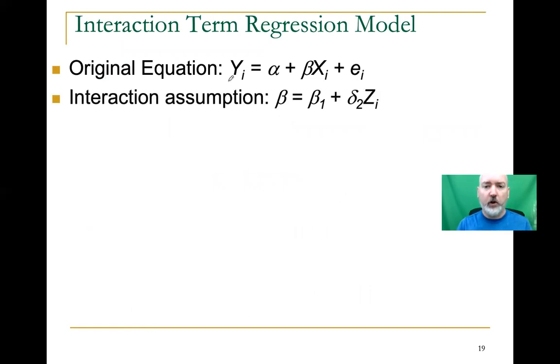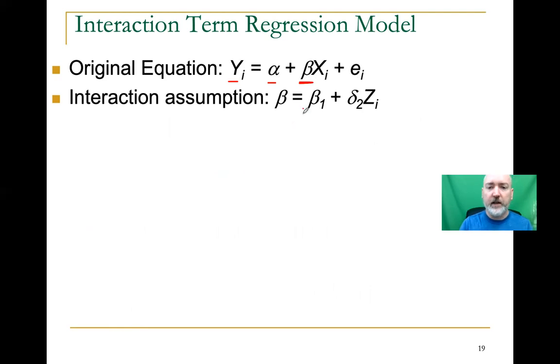So our model starts off as plain as can be, right? So we've got our intercept. Sorry, I changed notation on here. Intercept, call it alpha. The baseline slope here we'll call beta times x plus our error term.